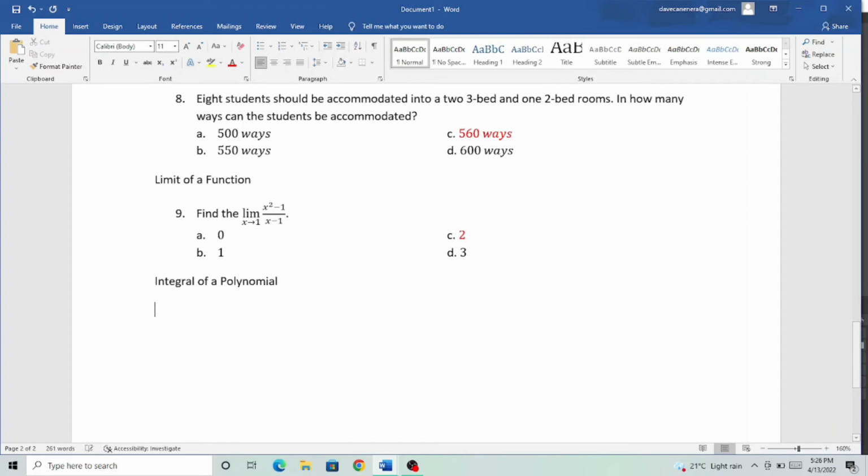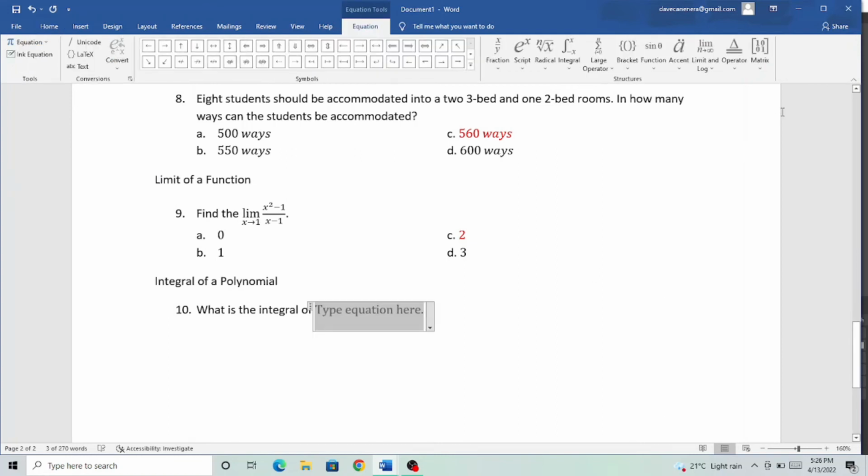So, moving on to our last item, integral of a polynomial. Let's say, what is the integral of, you can just add the integral structure here.